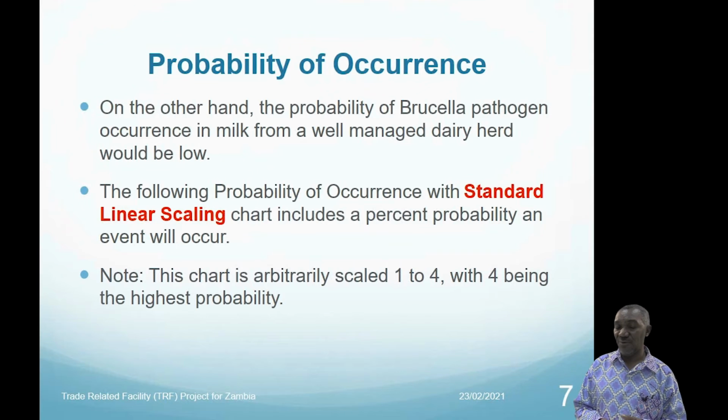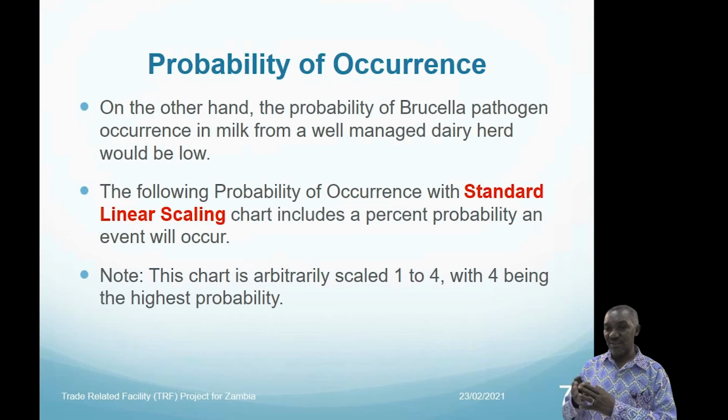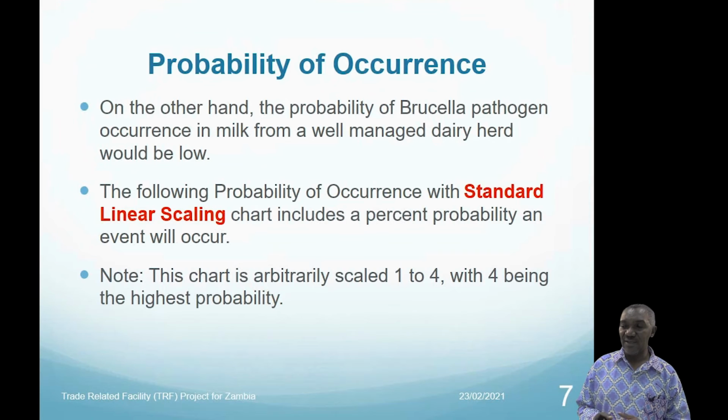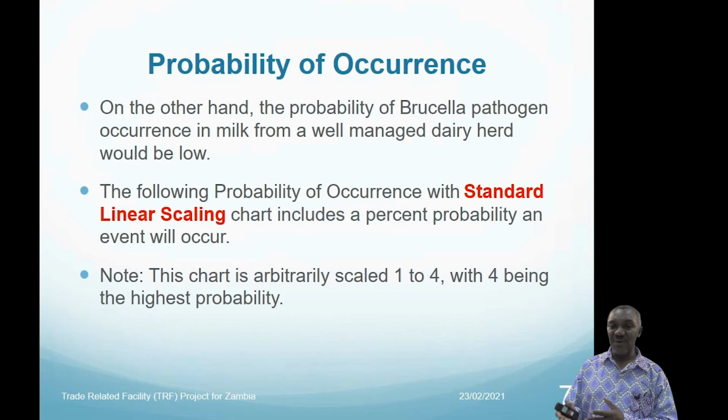Taking in mind that 0 is not present, and 4 is almost certain that it will be present. So for E. coli, we are almost certain that the pathogen is present. But for Brucella, we are saying that this is very rare, because the nature of the hazard itself implies that the farmer puts in measures to take care of this particular hazard.